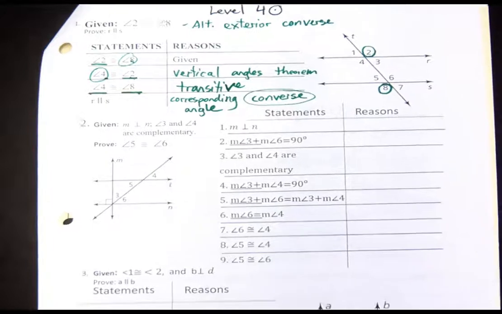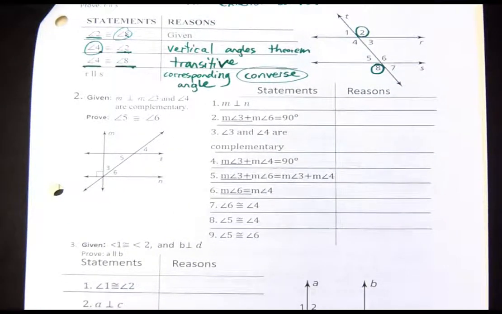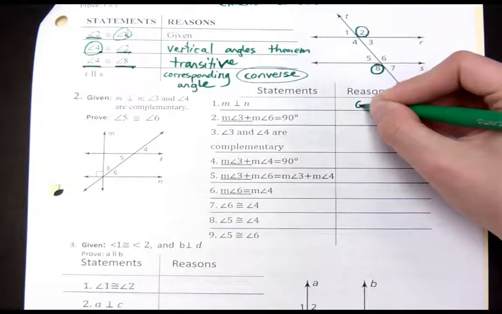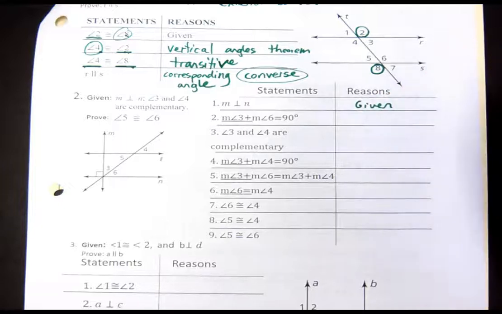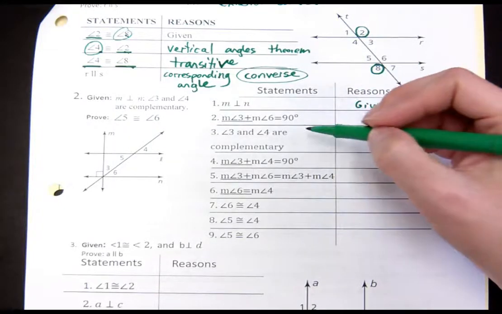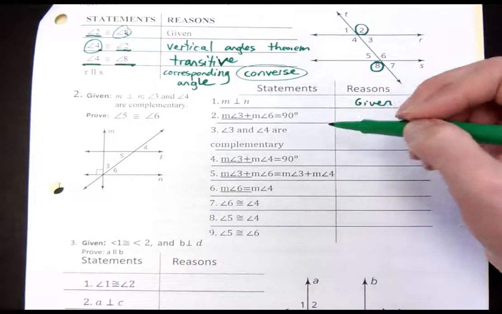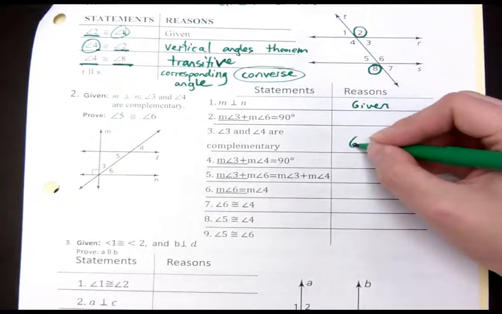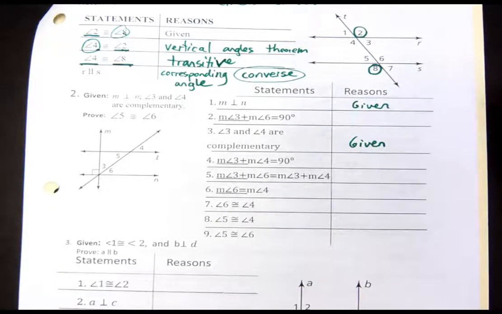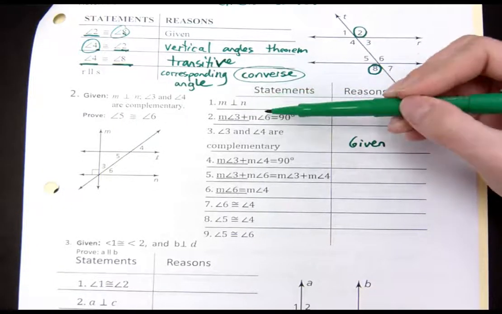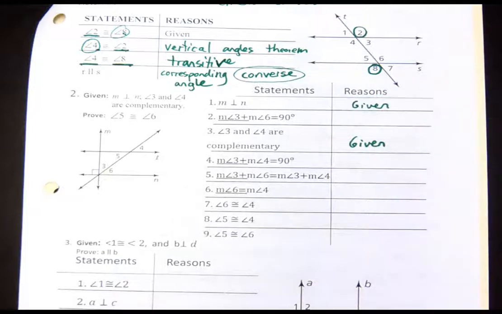All right, for our next one, what is that first statement? Given, nice and easy. All right, 3 and 4 are complementary. Oh, that one's given too. What about this one? Angle 3 plus angle 6 equals 90. How would I know that?